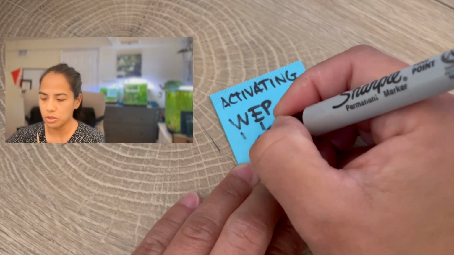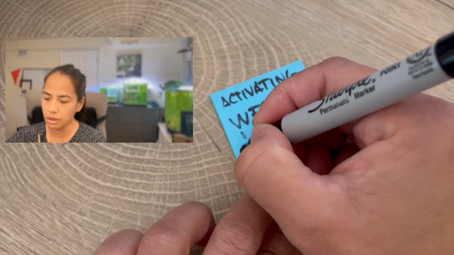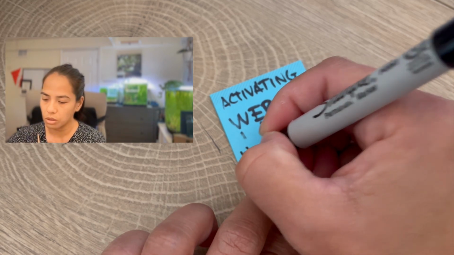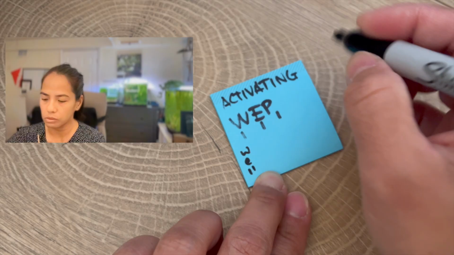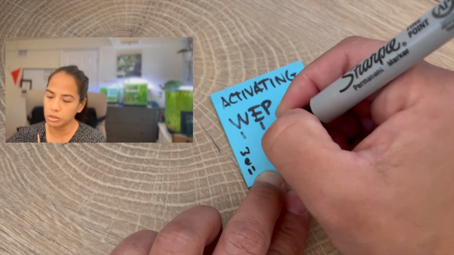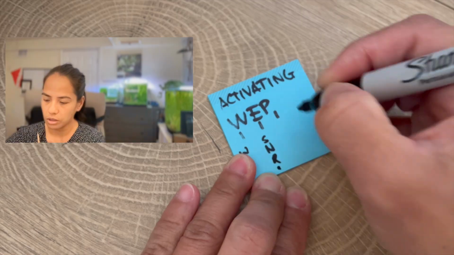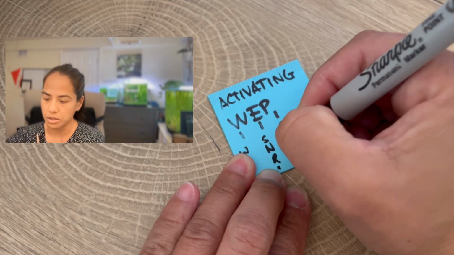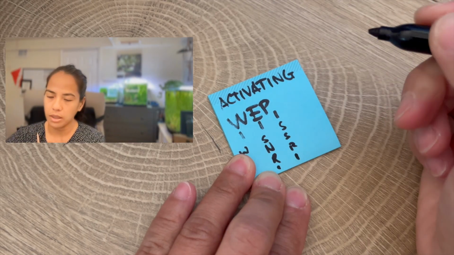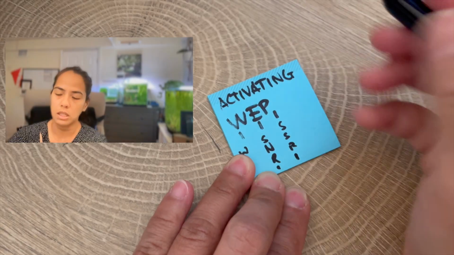Wellbutrin, you guys know, is an NDRI. Effexor is an SNRI, right? Prozac is an SSRI.